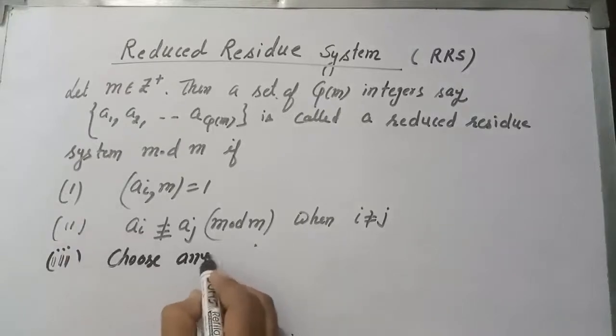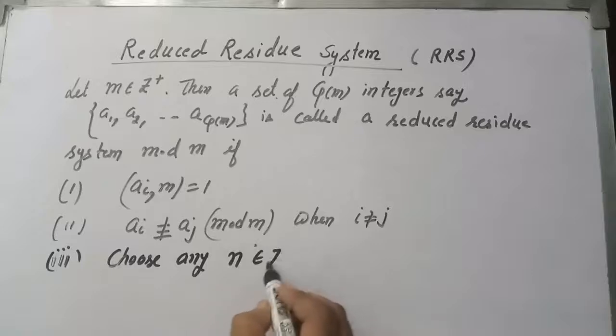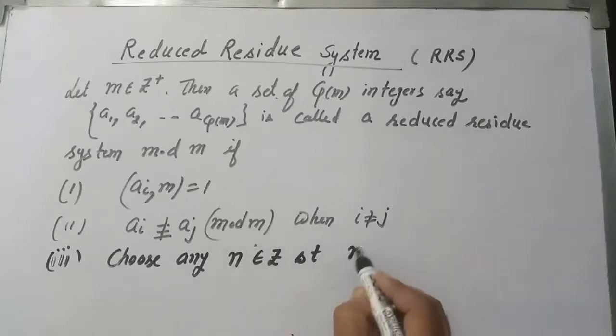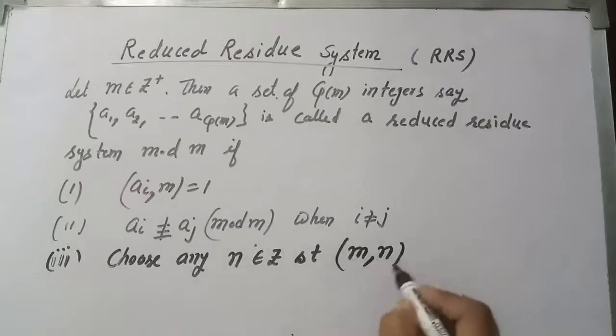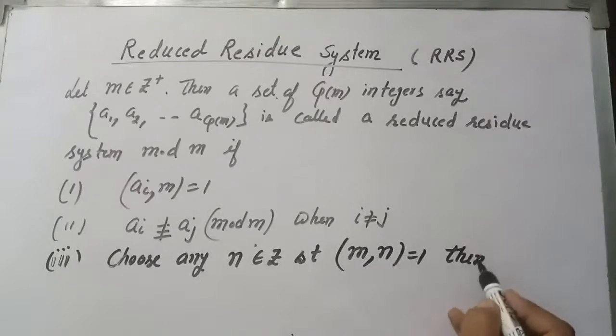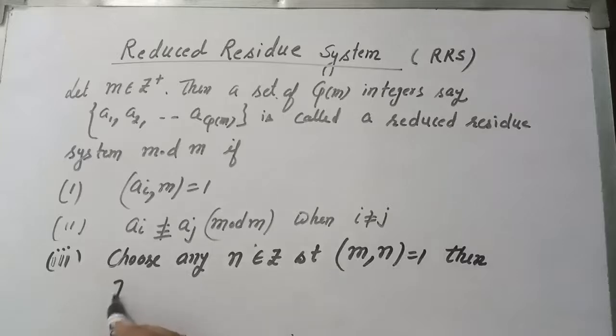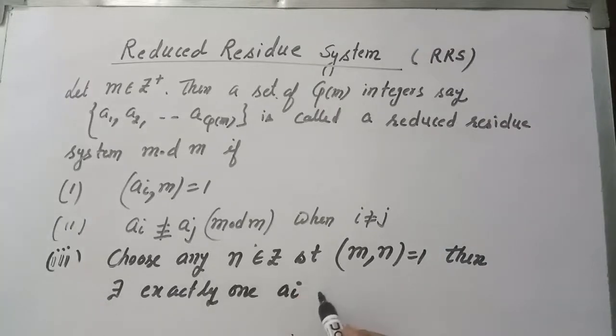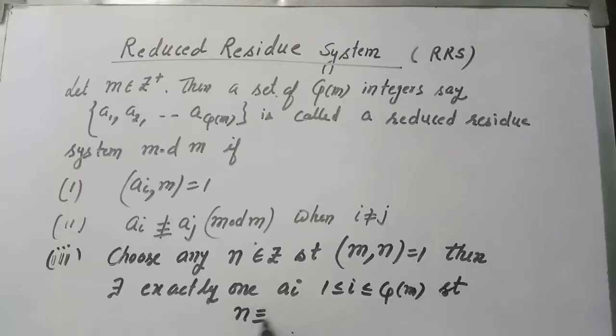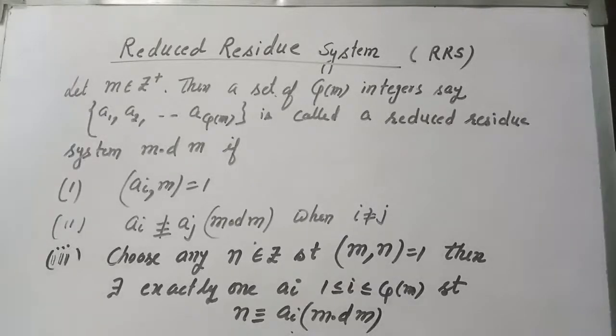Choose any integer n such that m and n have GCD 1, then there exists exactly one ai, 1 less than or equal to i less than or equal to phi m, such that n is congruent to ai modulo m. So this is the exact definition of a reduced residue system.